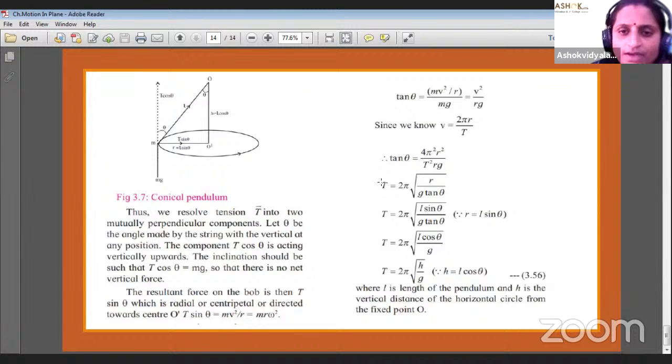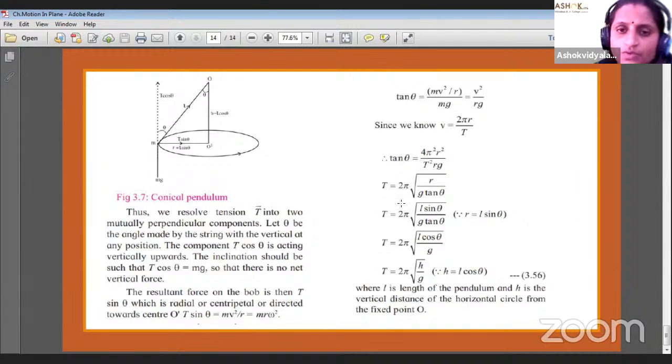We substituted the value of v square. Now, therefore, we have to find the time period T. Therefore, T is equal to 2 pi under root r upon g tan theta. Here r square and r get cancelled. Therefore, 4 pi under root becomes 2 pi outside. Here only r remains, r upon g tan theta. This is the T.